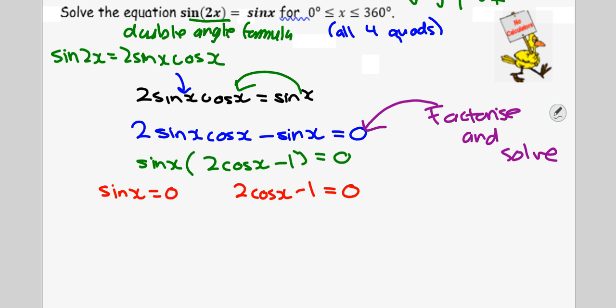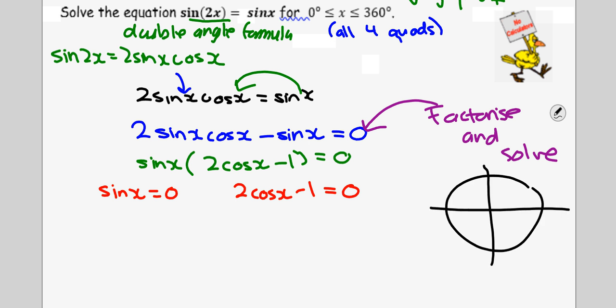Interestingly, sine x is 0, using our little circle. Sine of x is 0 means it's got no height. We're doing all 4 quadrants, so which 2 points could the point P be to make the height 0? 0 and 180, and 360, because it includes 0, 180, and 360.